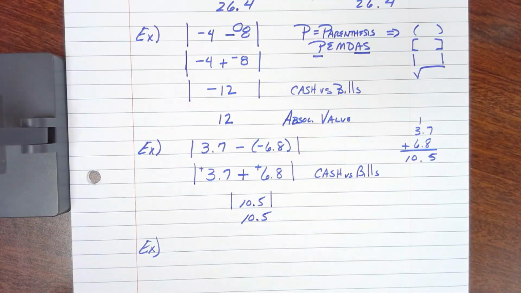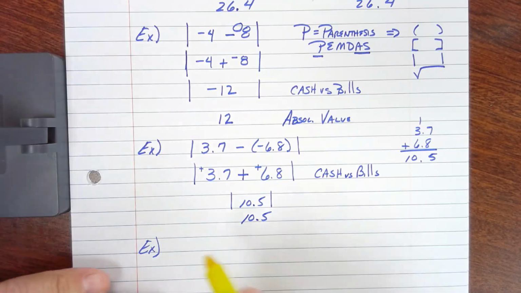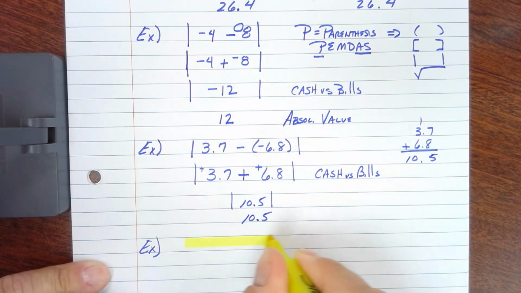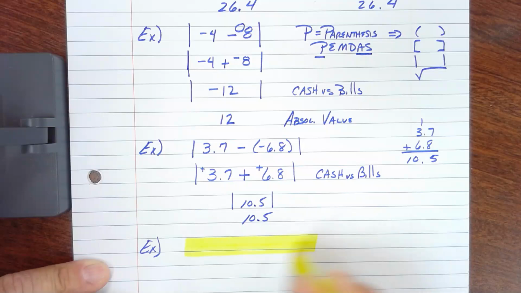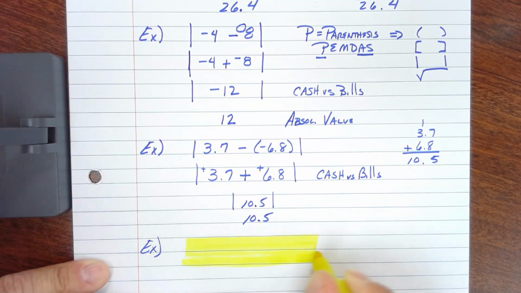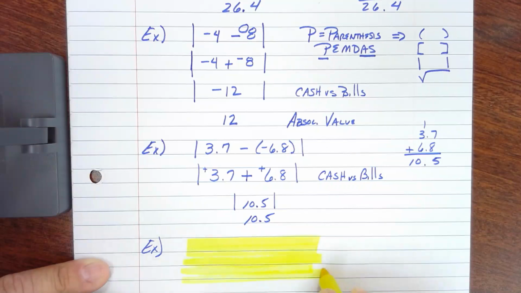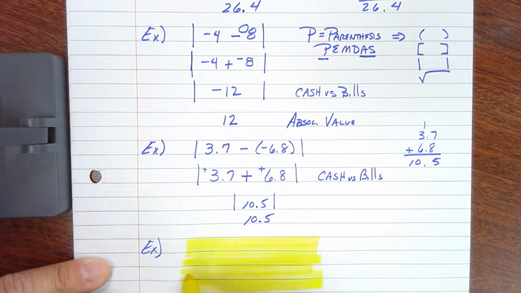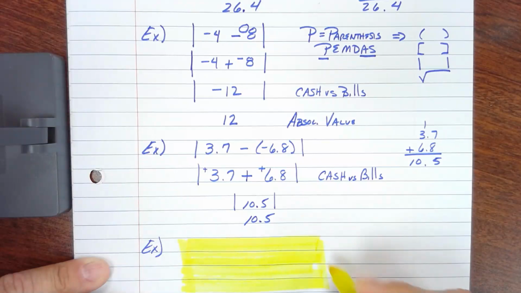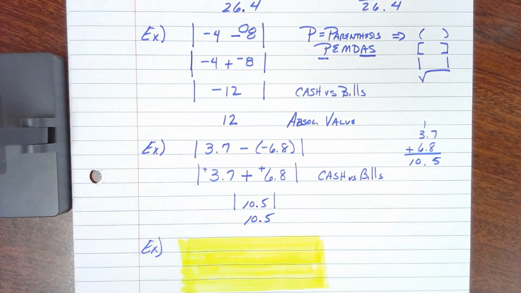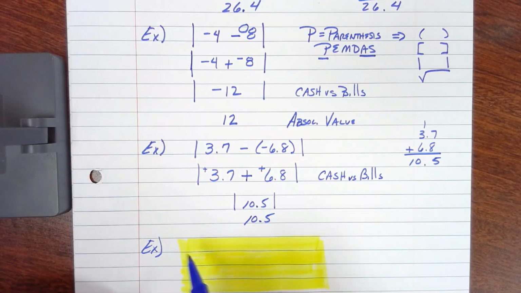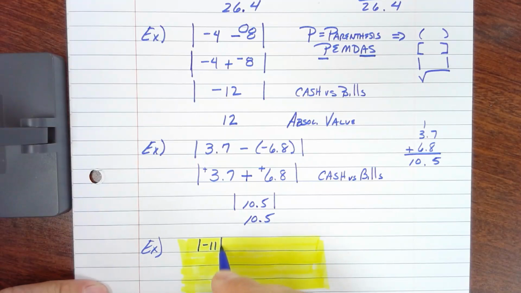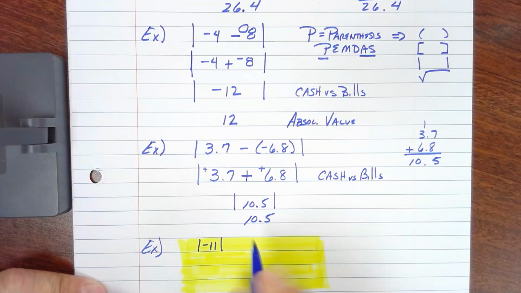The next example I'm going to give you is kind of an important one, so I'm going to star that for you or highlight that for you. It is the absolute value of -11 minus the absolute value of 29.